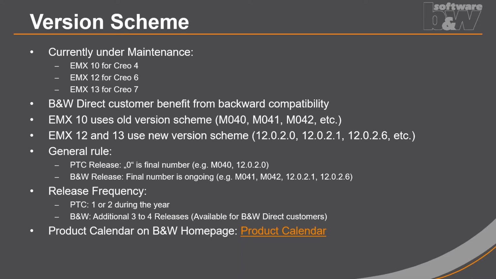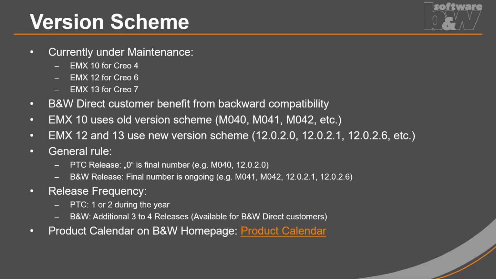For our direct B&W customers, we have some kind of backward compatibility, at least for versions EMX 12 and 10. For EMX 13, we don't have any backward compatibility simply because in Creo 7 the new multi-body features were introduced, and it's simply not possible to give backward compatibility with these new features.